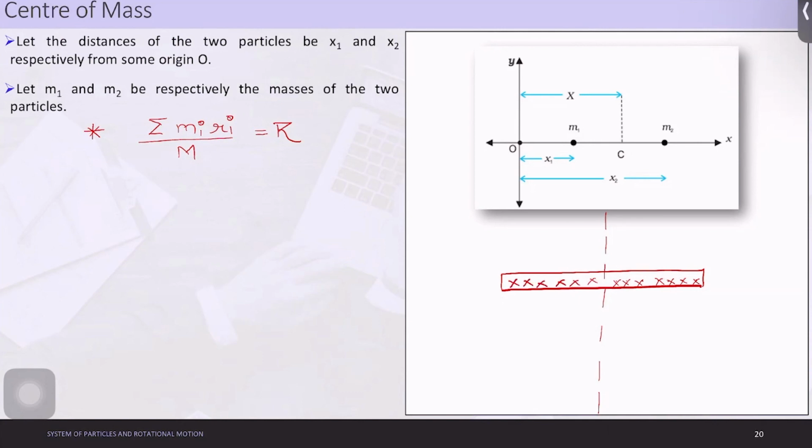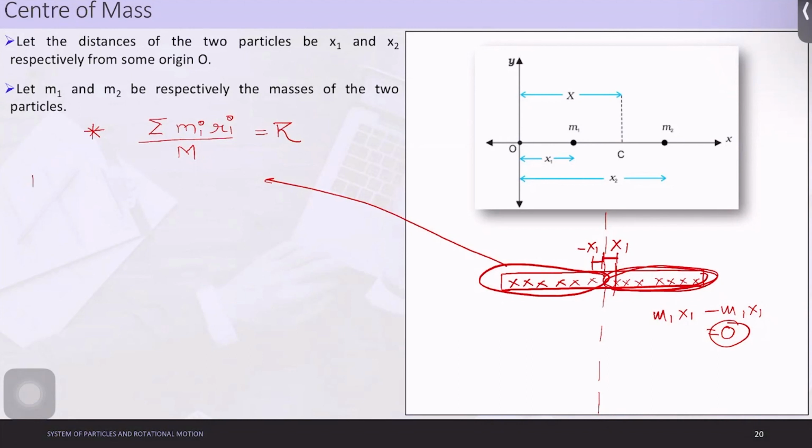Okay, so just see clearly, for every particle which is in this direction there will also be the same displacement in this direction. And if I simply do m1x1 minus m1x1, I will get the answer as 0. Right? So for each of the particles which are present here, there will be a similar value of m1x1 present on this direction. So what we can say is that for this case, summation MI RI is equal to 0.